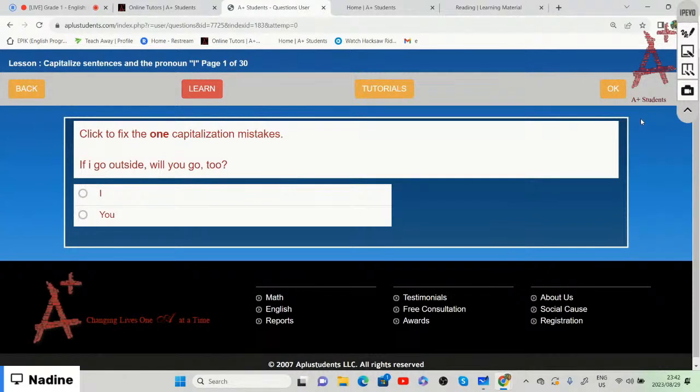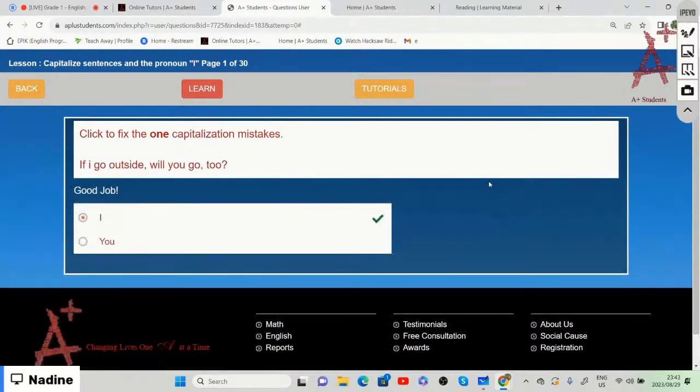Is it I that needs to be changed or you? If we select the capitalization mistake, we will select I, because I needs to be written with a capital letter. So well done.